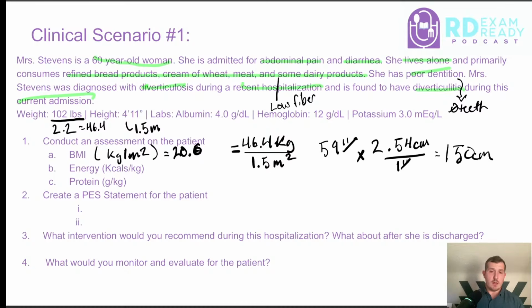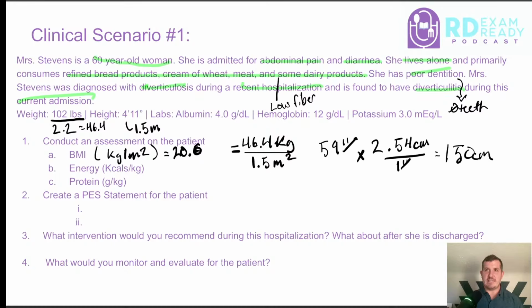Okay. For energy, I want you to toss out what you think would be your kcals per kilogram. What would you shout out as your best option there if you had to guess? Yeah, I'm seeing some answers in the chat that I agree with. Being that she's 60 years old, pretty normal BMI, and she has a bit of inflammation with the diverticulitis, that's certainly true.